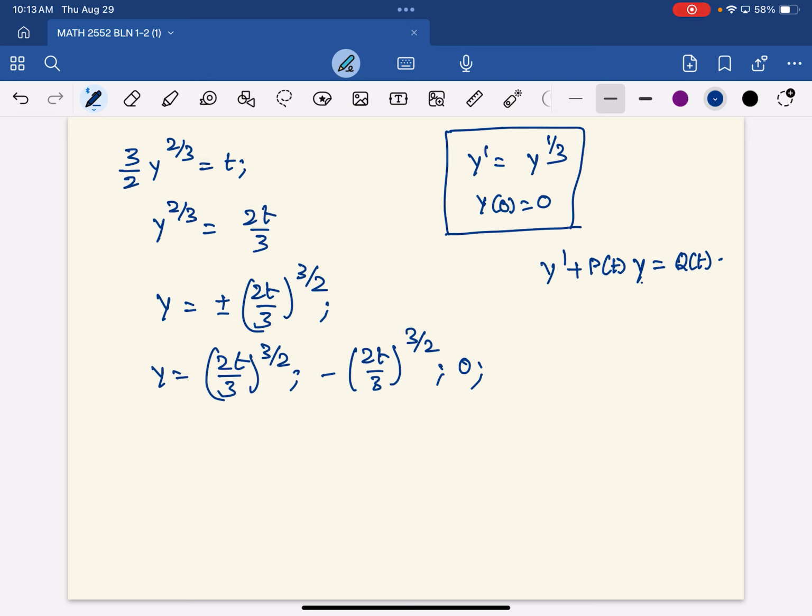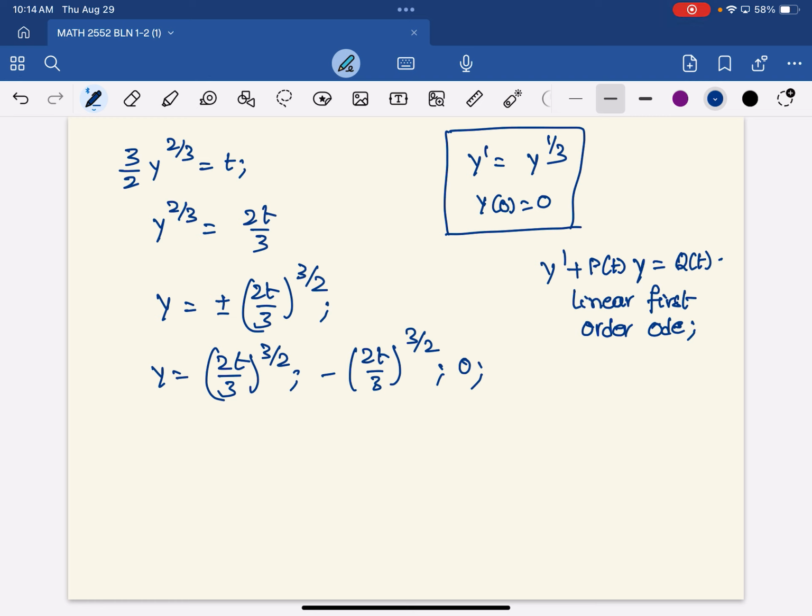This is how you write a linear first order ODE. In the linear first order ODE, the exponent of y is 1, but in the problem I have y prime equals y to the 1/3. The exponent of y is not 1, it is 1/3. Hence it is not linear, so I cannot use method of integrating factor, so I ended up using variable separable. Is that clear?